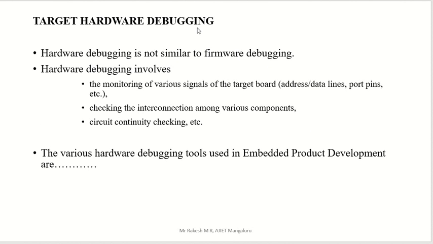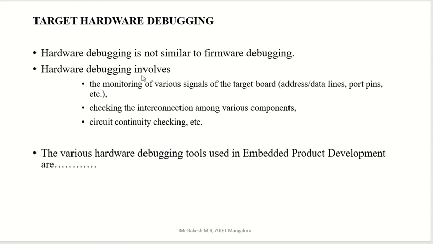Target hardware debugging. So the target device is there, that is an embedded device. There we have hardware. How to debug that hardware? What are the methods? What are the devices we are using for debugging the target hardware? That is the concept here. Hardware debugging is not similar to software debugging. So what difference is there?